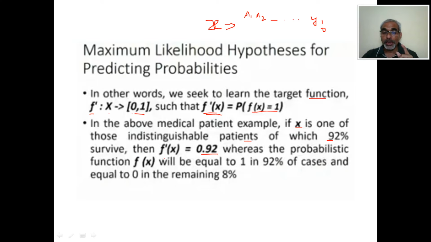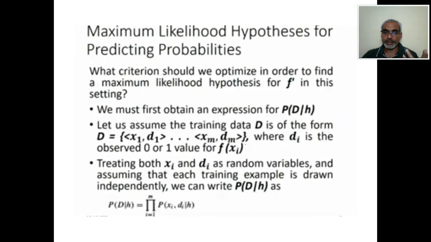Then we say our f dash of x is equal to 0.92, whereas the probabilistic function f of x will be equal to 1 in 92% of the cases, where they survive, and equal to 0 in the remaining 8%. If 92% are surviving, it is obvious that 1 minus that probability, 8%, are the cases where the patients are not surviving.